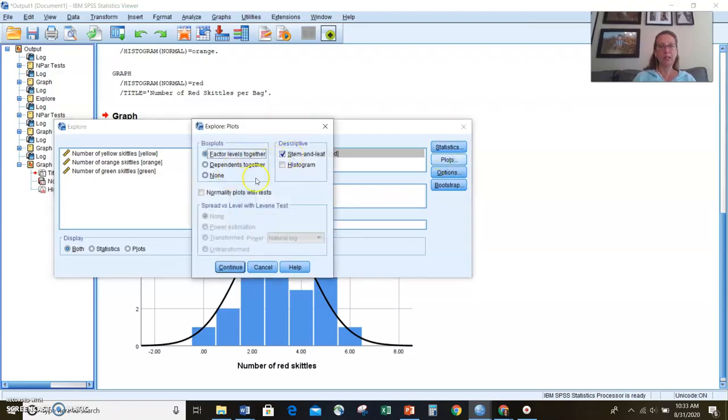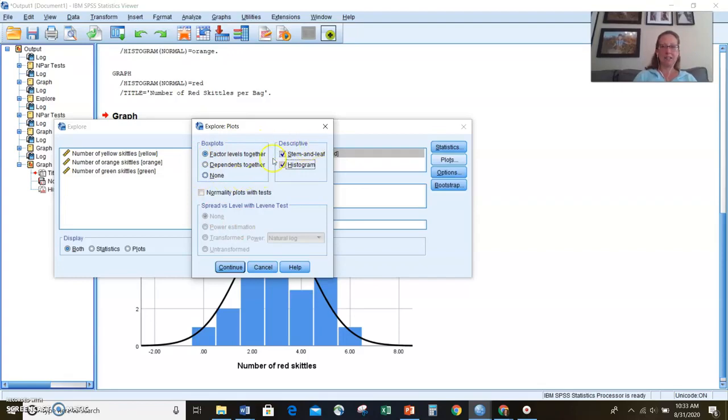It will also do plots, by default giving you a stem and leaf plot, maybe, which is kind of like a histogram turned 90 degrees sideways. We can go ahead and ask it for a histogram. And it will also give us a box plot, which is based on the median instead of the mean, to see how those scores spread around the middle point. So I would suggest adding histogram.